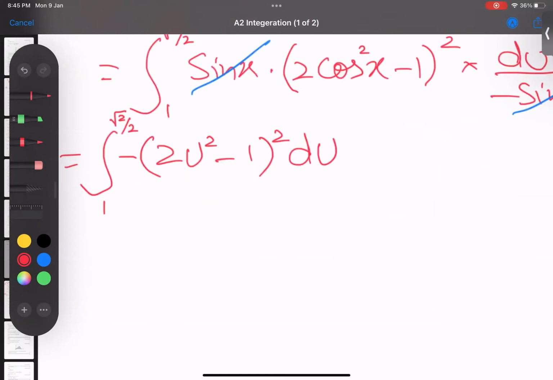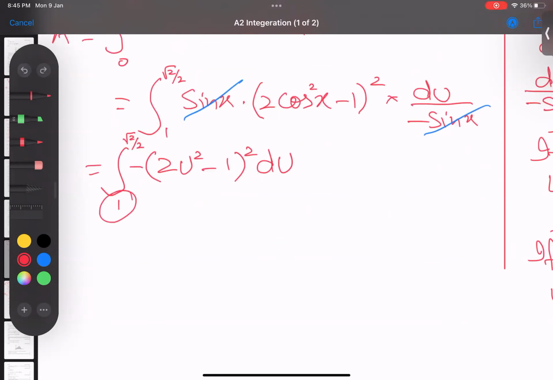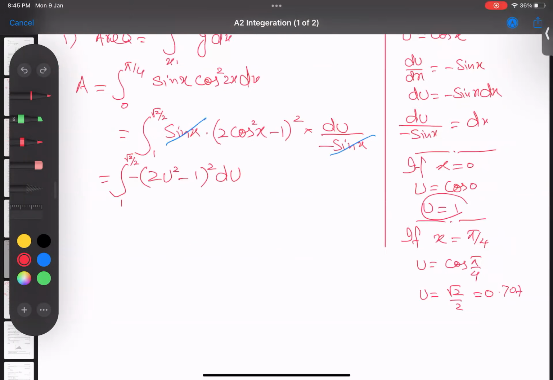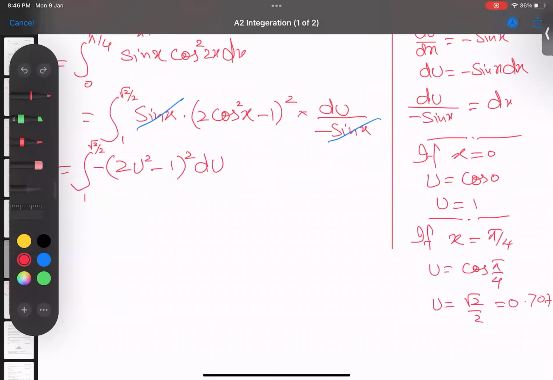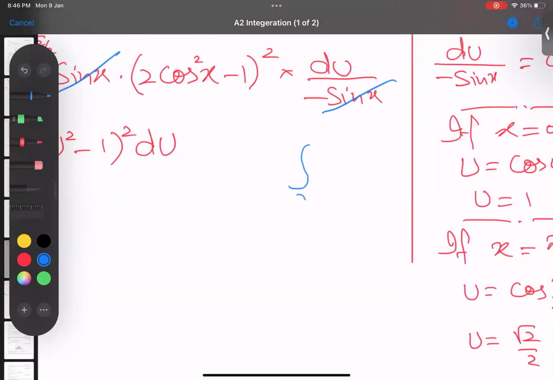But what is the important part here? Normally the lower limit is always smaller and the upper limit always bigger. But here it is reversed. This is bigger and this is smaller. And I taught this condition before. Whenever I switch A and B and make it B A, one small change comes.